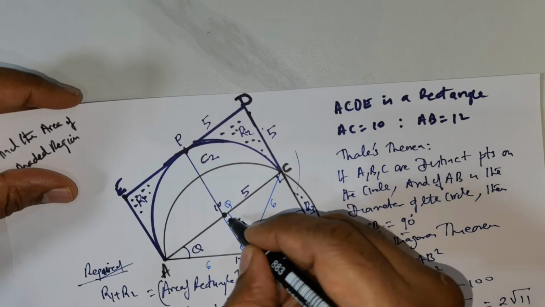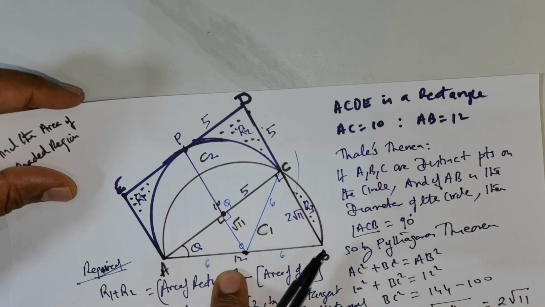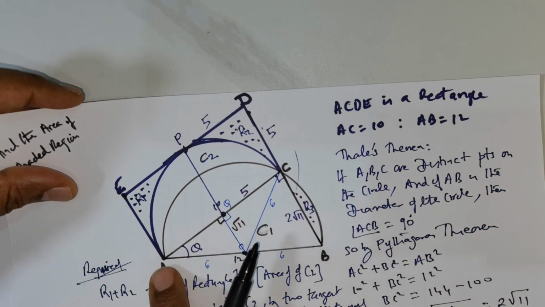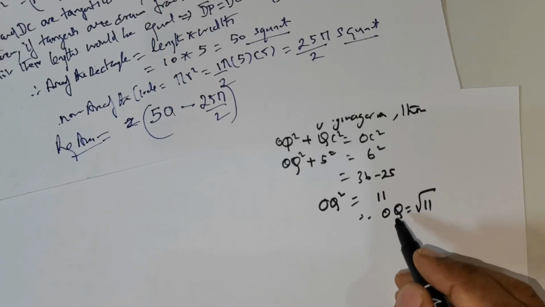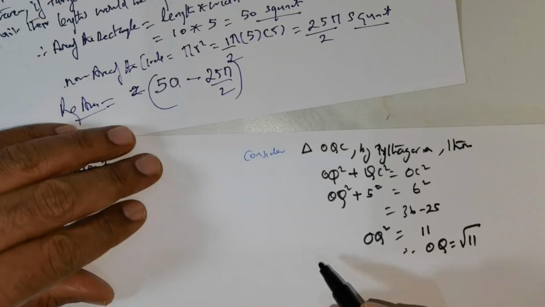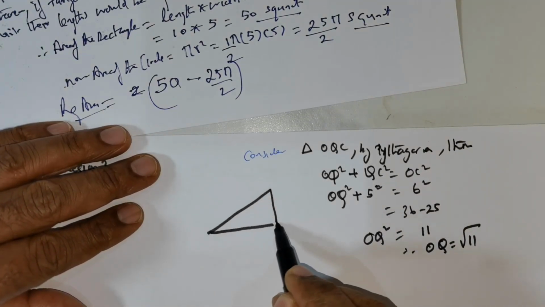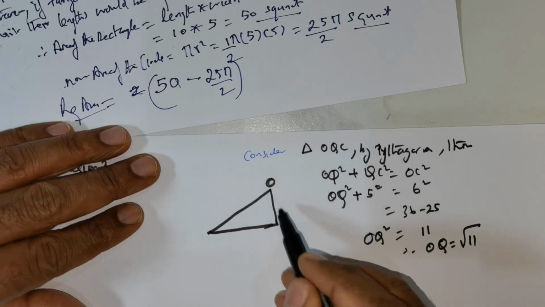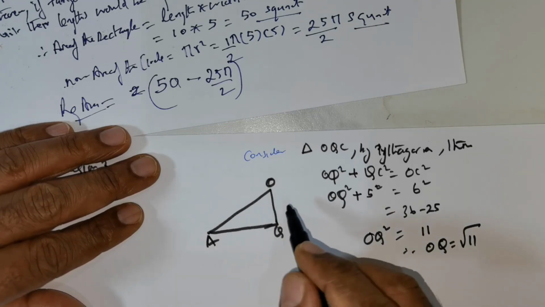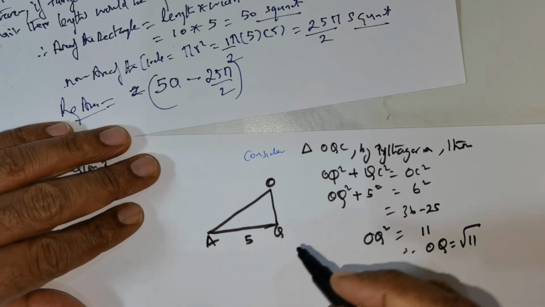Now this is 90 degrees, so this is also going to be 90 degrees. Now let me actually draw triangle AOQ. If we draw AOQ, it will look like this. This is OQA, and this is 5 units.